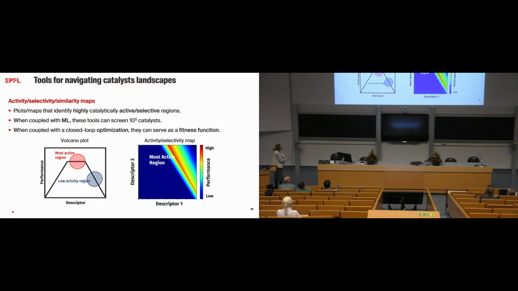With this map, it's like a geography map when you want to know where the highest mountain is, so you know exactly where the region of highest catalytic activity is, so it's very convenient. And you can also use that as a fitness function in a closed loop optimization, so that you can drive the optimization directly to the region that you are interested in. So that's what we are going to use.